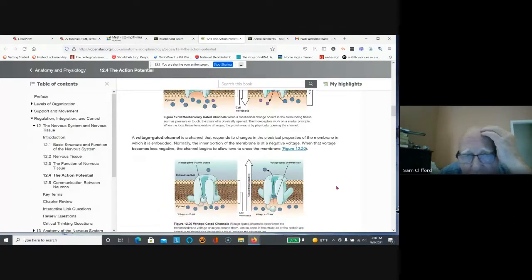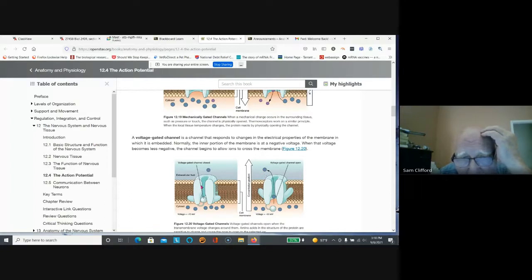Other types of channels open when the voltage changes. So the voltage is minus 70 millivolts, comparing the inside of the cell to the outside. If potassium is leaving, that's going to make the, that's wrong.